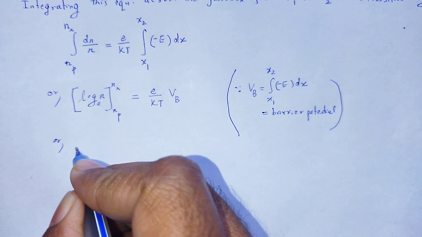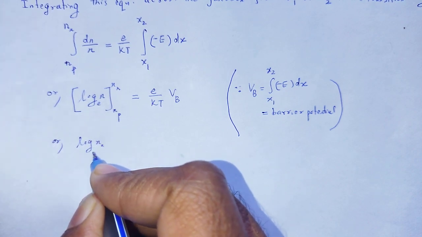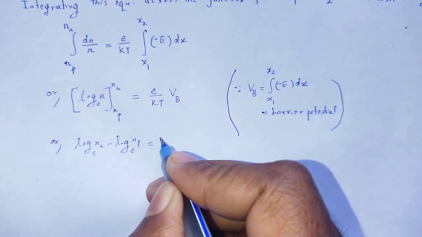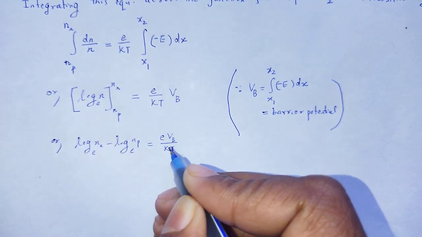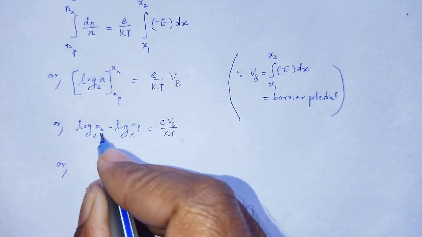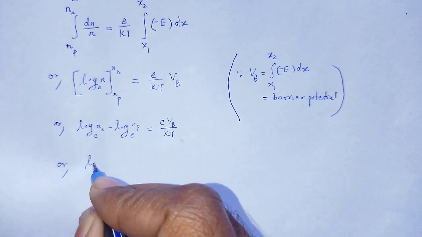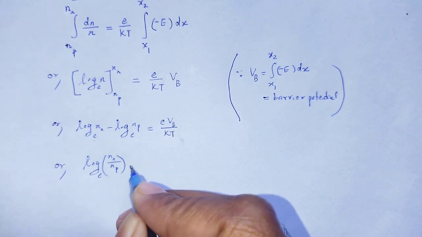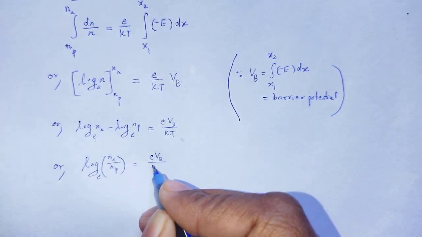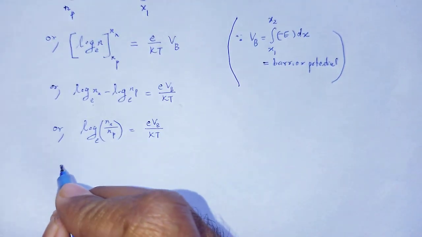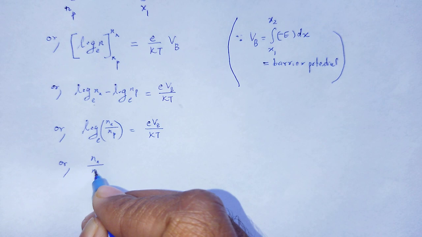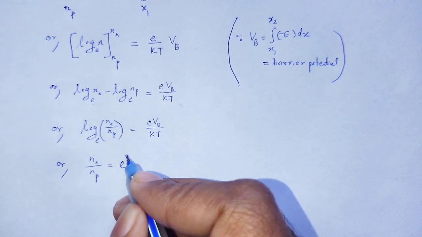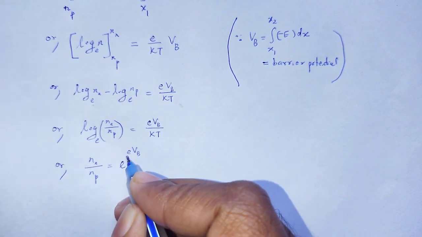Using upper limit and lower limit, log nn base e minus log np base e is equal to eVb divided by kT, or log A minus log B, log of A by B. Log of nn divided by np, base e, is equal to eVb divided by kT, or the ratio of nn divided by np, taking the log to this side, will be exponential e to the power eVb divided by kT.